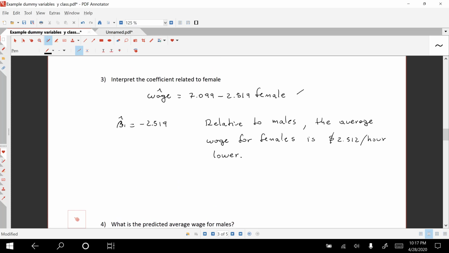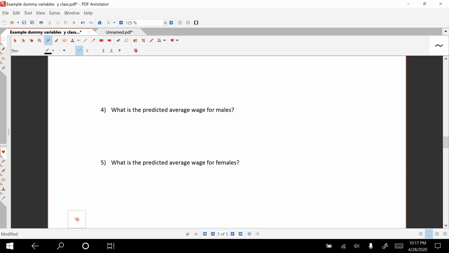So again, I go back to that formula that I wrote for the interpretation of coefficients. We always say relative to the baseline, and then we can say the average wage for females is $2.512 per hour lower.